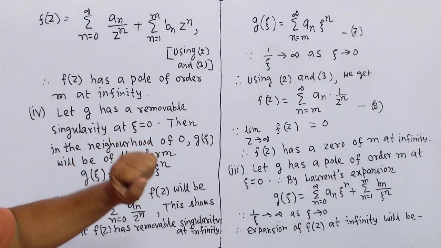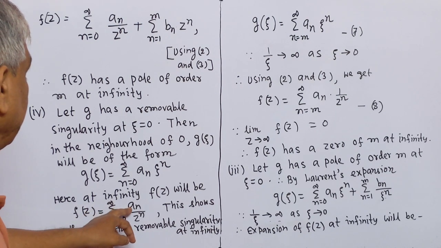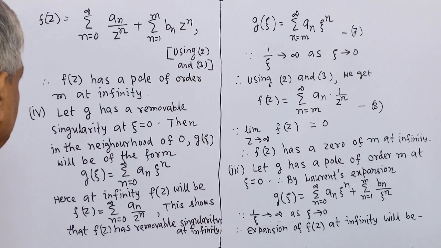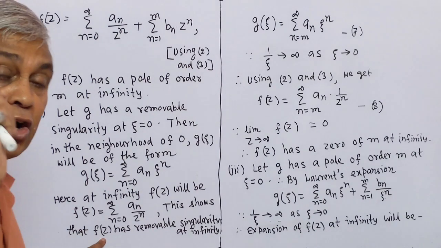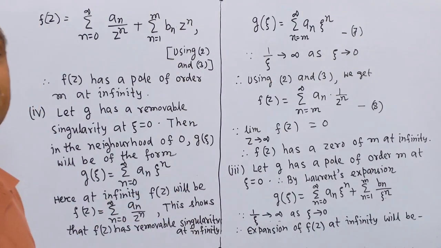Hence at infinity the function f(z) will be f(z) = sigma n equal to 0 to infinity a_n / z^n. This shows that f(z) has a removable singularity at infinity.